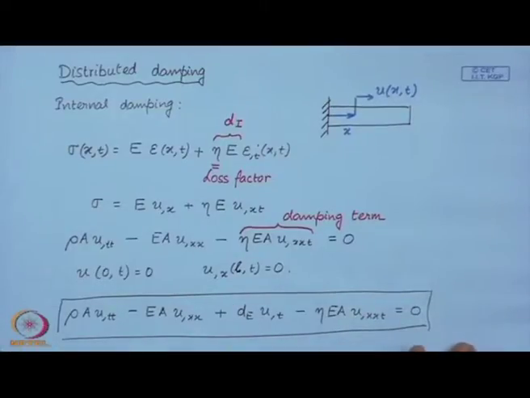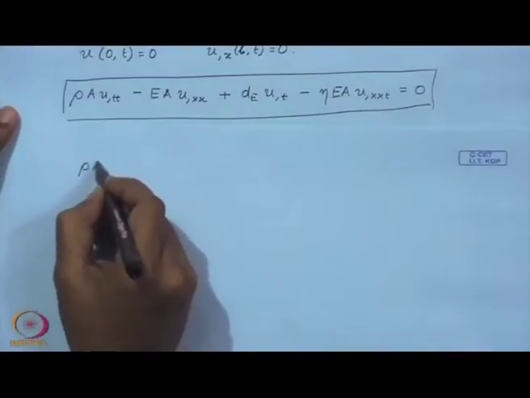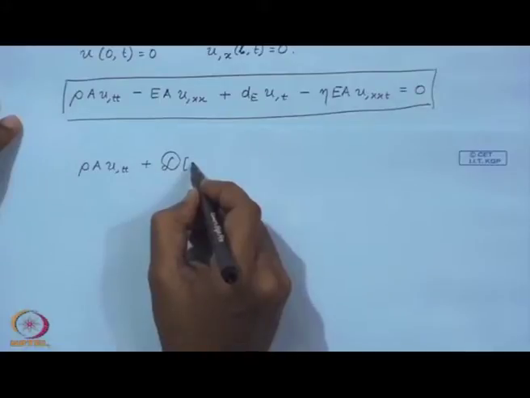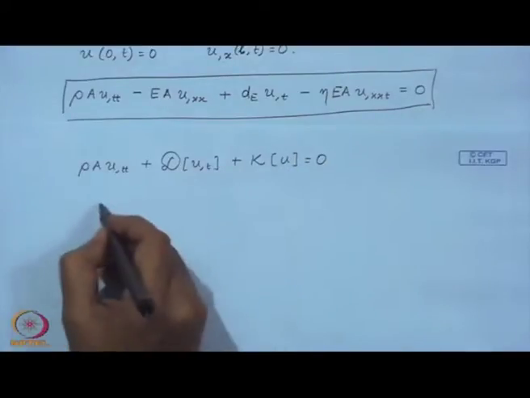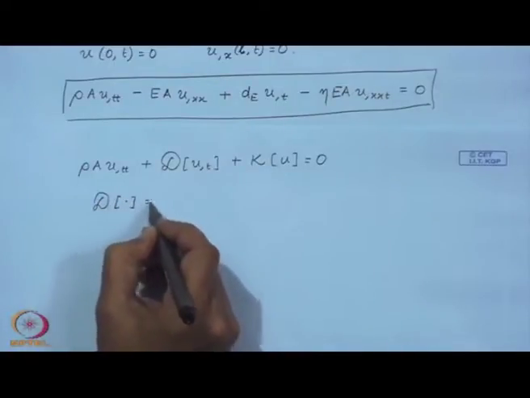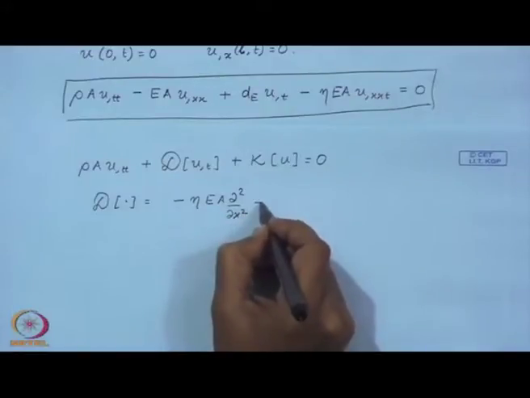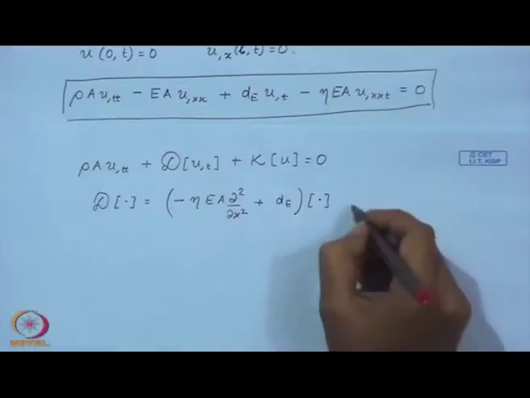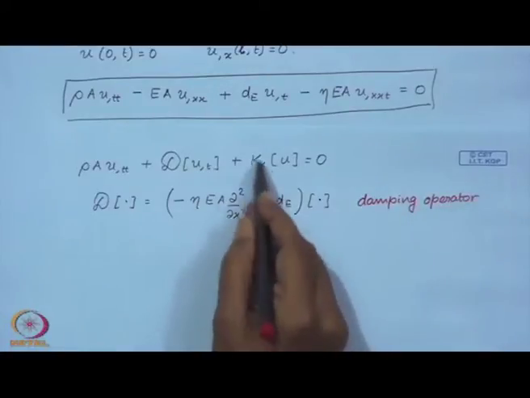Now, this equation may be written in a compact form like this, where this damping operator is known as the, just like this K is known as the stiffness operator.